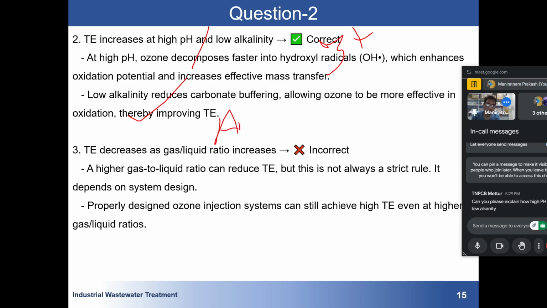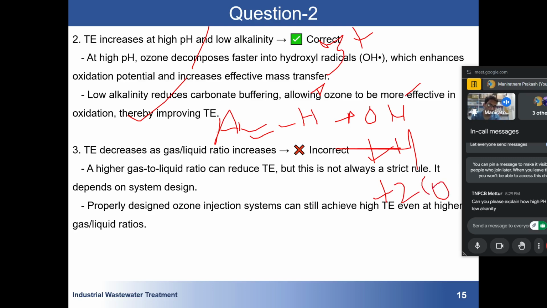If you recall the complete formula of alkalinity, it is: minus H plus concentration, plus OH minus concentration, plus bicarbonate concentration, plus twice the carbonate concentration.